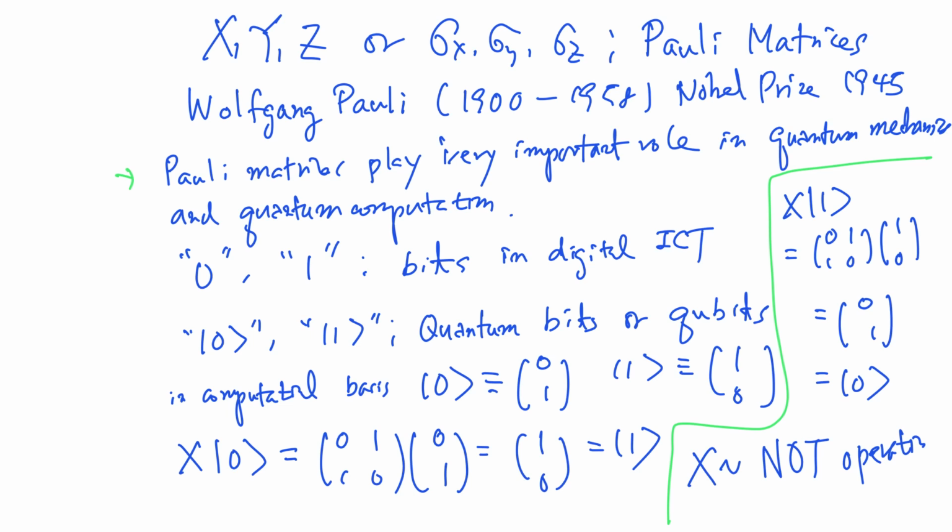So in a way, this Pauli matrix acts like some digital operations for quantum bits. Actually I'm confused. Maybe I should write it the other way around. 1 0 0 1, then it becomes 1.